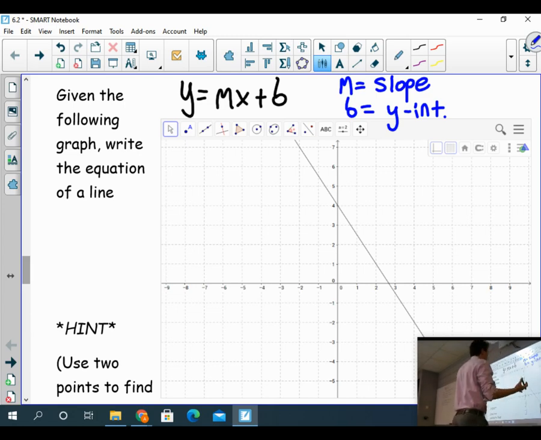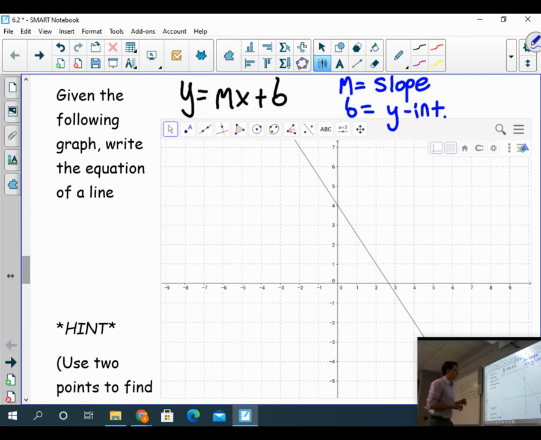Again, we will learn other forms at later dates where you don't necessarily need the y-intercept specifically, or you don't need maybe the slope directly. But for now, our equation of a line is y equals mx plus b, and it requires a slope and a y-intercept.